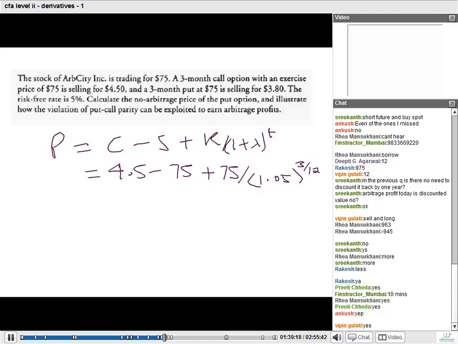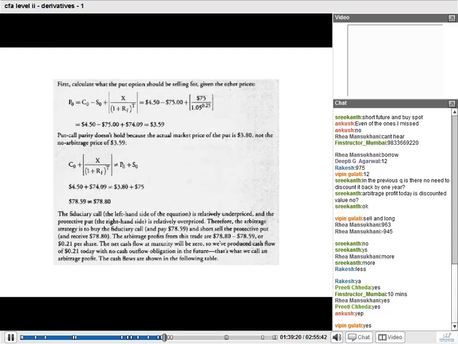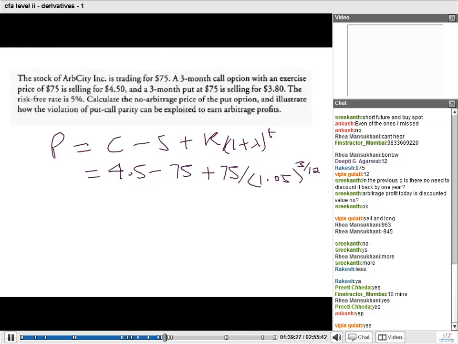So the no arbitrage price of the put option comes out to be equal to 3.59.